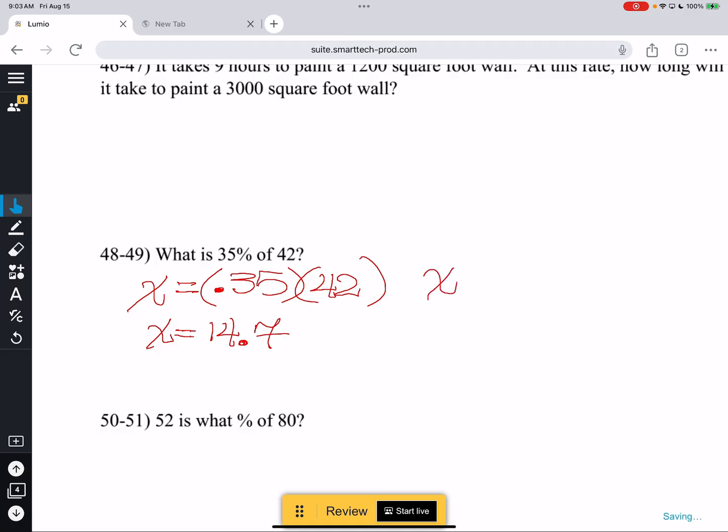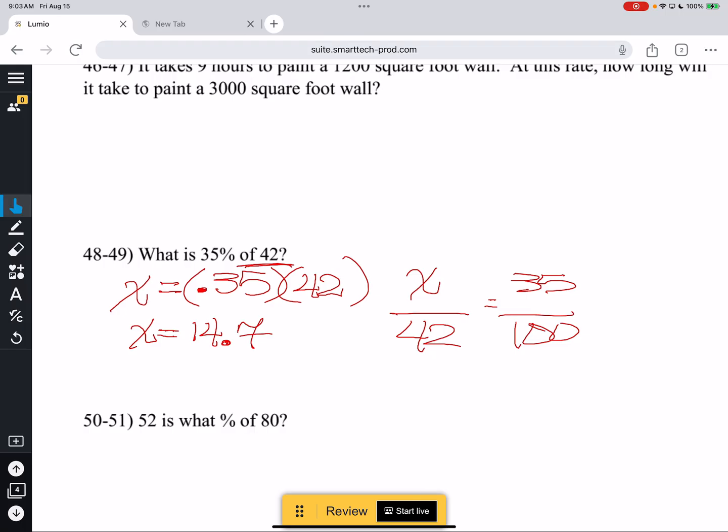X over 42 because it's the of, and then the percent is where you would come up with 35 over 100. That still has you multiplying the numbers. All right, either way would get you the answer.